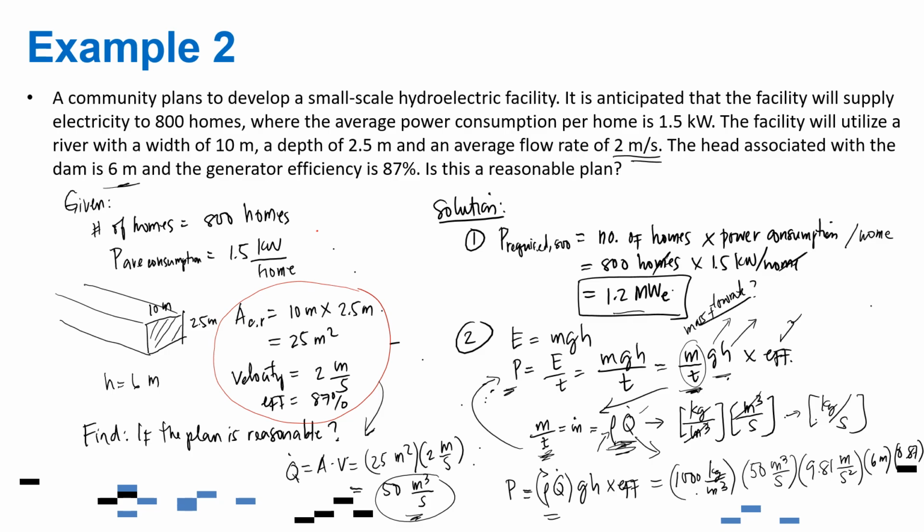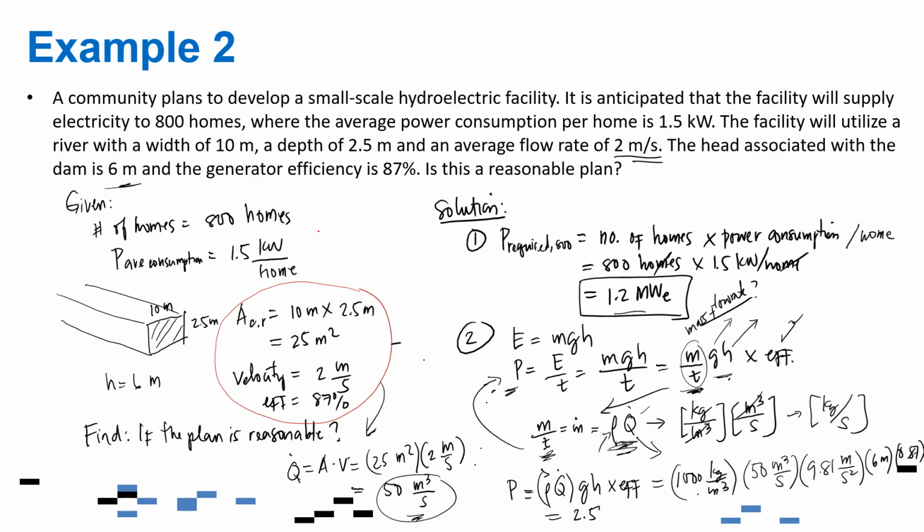So the answer for this one is 2.56 megawatts of electricity. This is the power that is generated by the hydroelectric facility. If you look at this answer and the power requirement, we can say that the P generated, which is 2.56 megawatts, is greater than the 1.2 megawatts of required power.